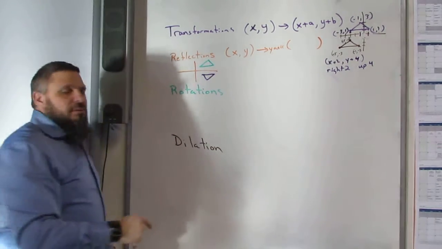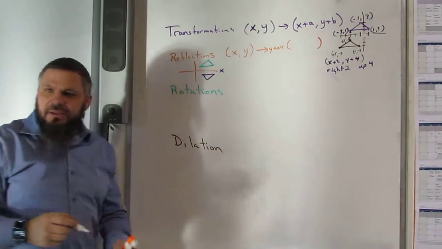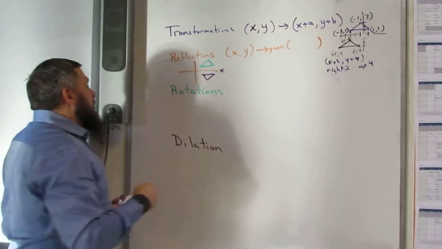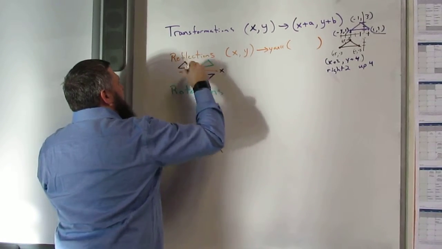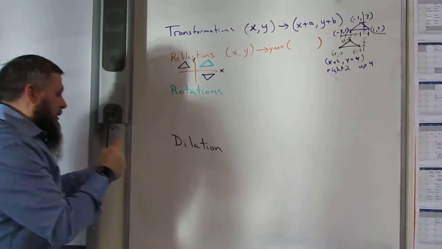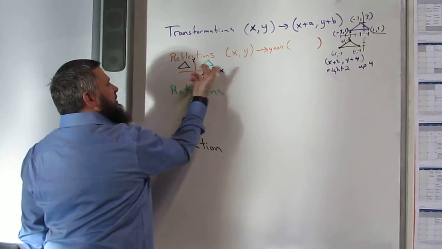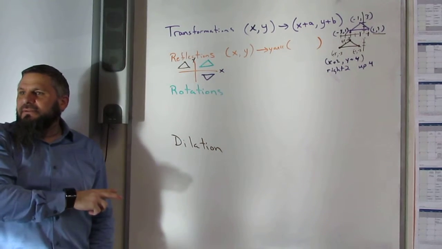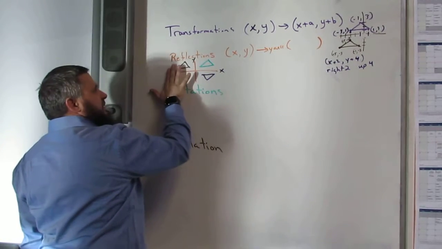This would be across the x-axis, and this one would be across the y-axis. So in this case, I want to reflect it across the y-axis.